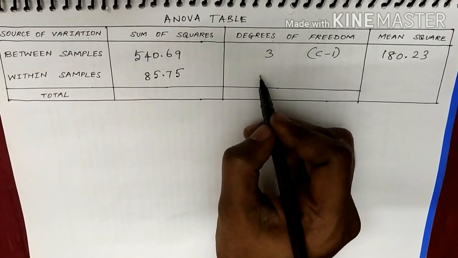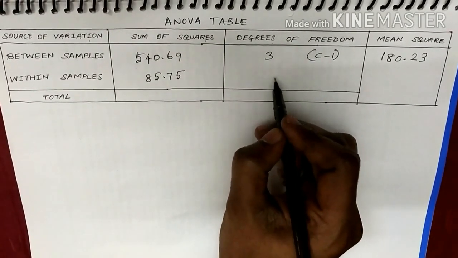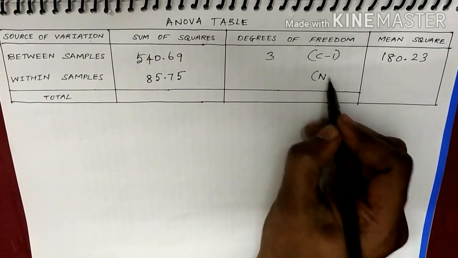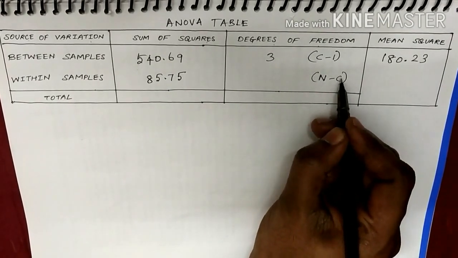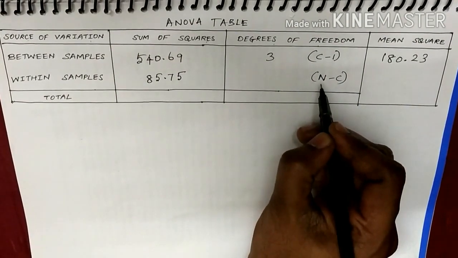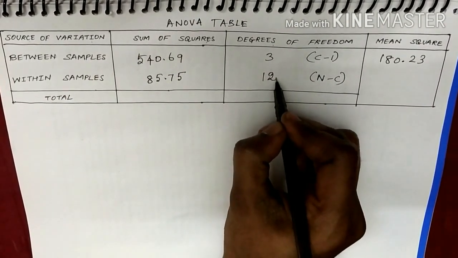Its degree of freedom is N minus C. N is total observation minus number of columns. Total observation is 16. 16 minus 4 is 12.